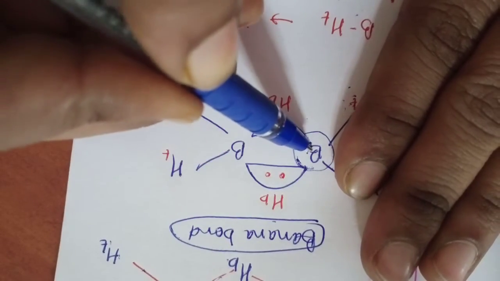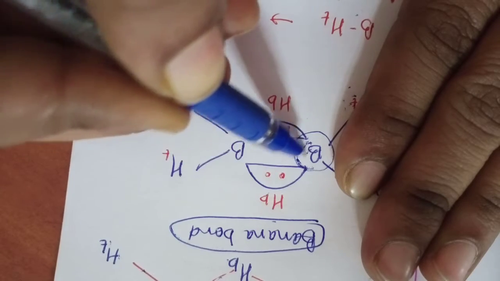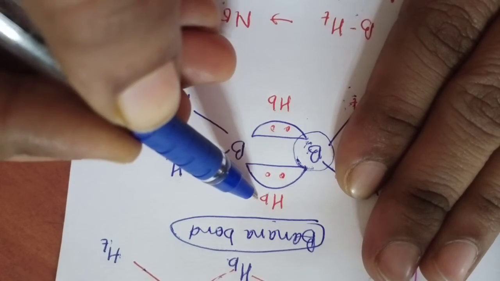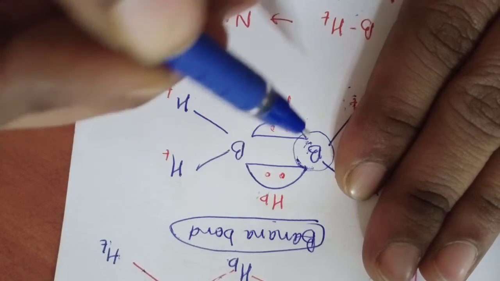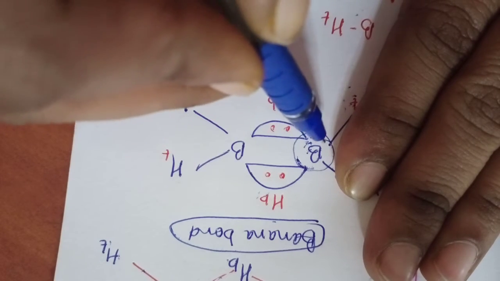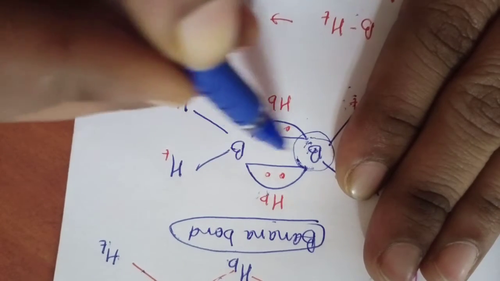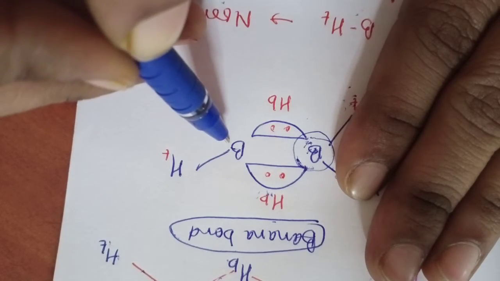Now when this boron forms a bond with the bridged hydrogen, there is a B-HB-B bond here.